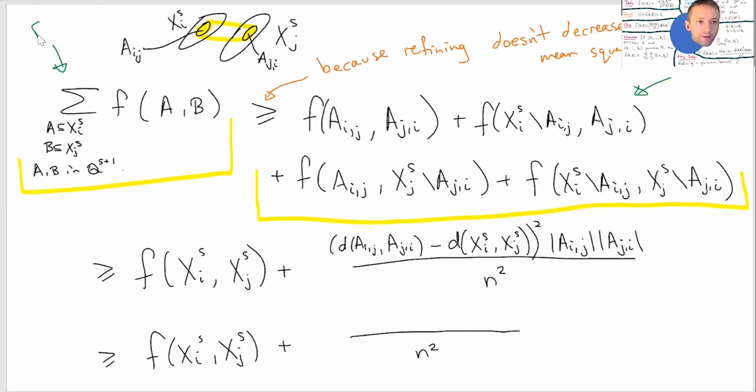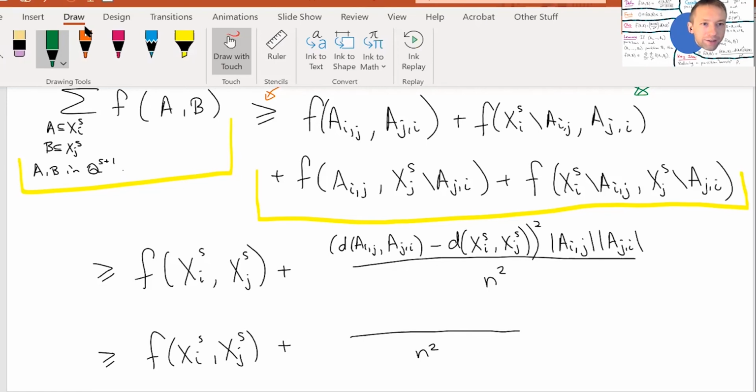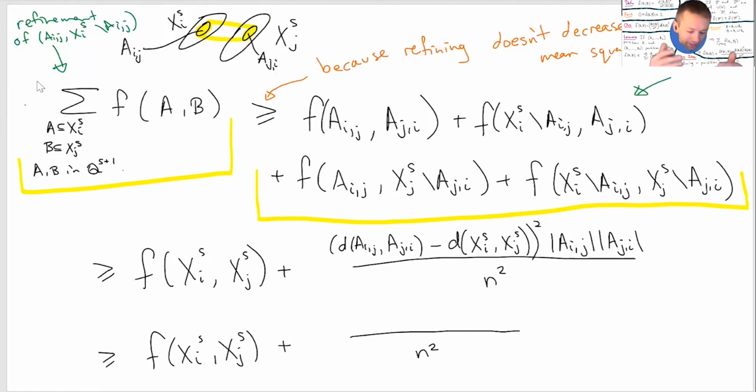So this partition is a refinement of the partition where I take xi superscript s minus aij, and then do a similar thing on the j side, where it's a refinement of the partition where I just take aji and take the complement.